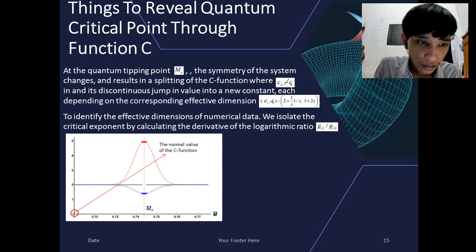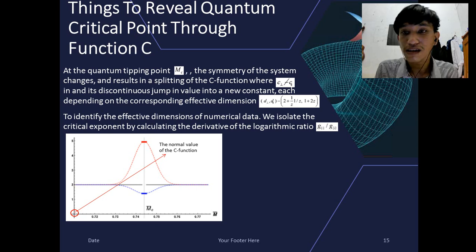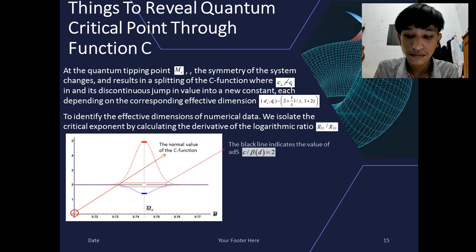For t equal to 0 and m equal to 0, it is the normal value of the C functions, and you can see the black line at the center. The black line indicates the value of AdS.